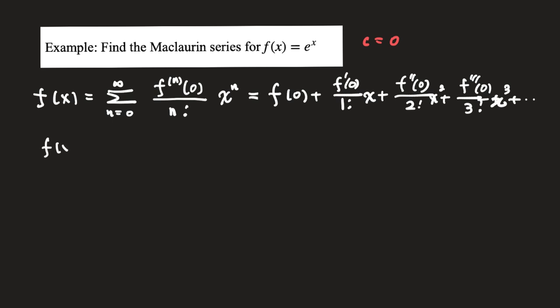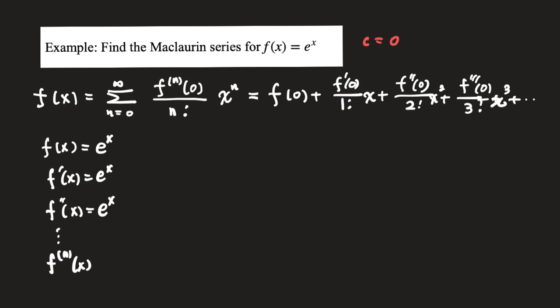Okay, let's find the coefficients. f of x equals e to the x, f prime of x is e to the x, f second derivative is e to the x, and the nth derivative is, of course, e to the x.